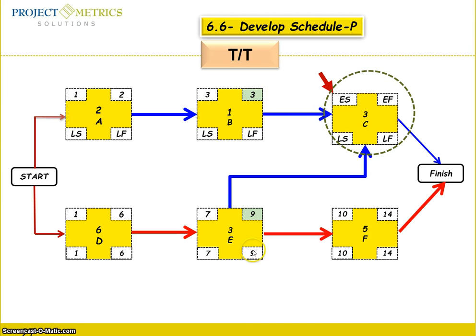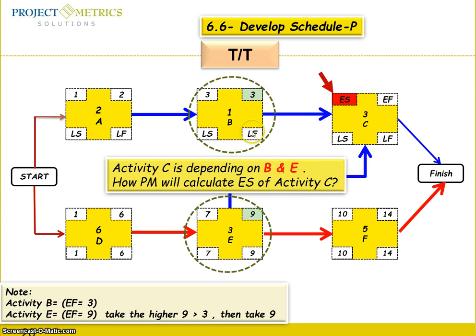But you have another activity here. So which one are you going to take? You are going to take activity B or activity 3. So the rule, for any activity sharing predecessors like this one, activity C depending on activity B and activity 3, you look at the early finish and see which one is bigger.